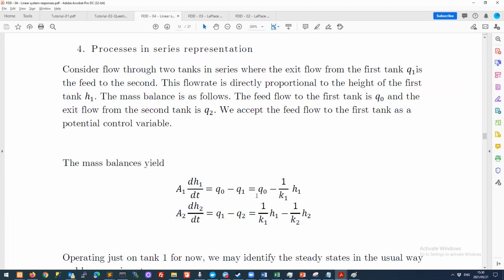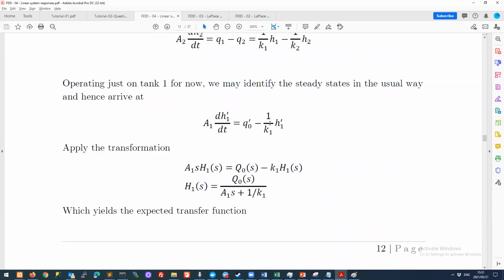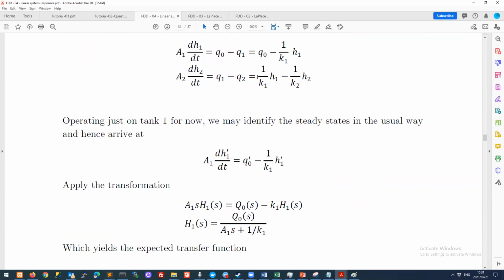But anyway, that's that flow rate. So that's the flow out of tank 1, which is the same as the flow into tank 2. So that's Q1 here, same rate. And then you've got an exit flow rate from that tank as well. So we want to control H2 through Q0. And then you apply the same approaches that we did in tutorial 1. So work out deviation variables. And so we are talking here just about tank 1 for now.